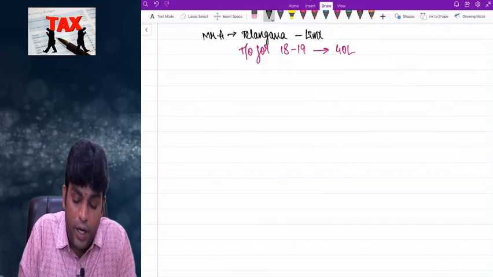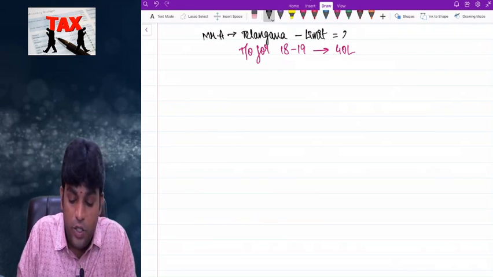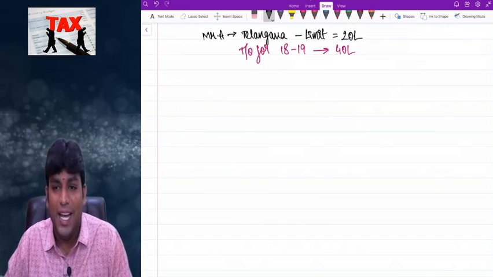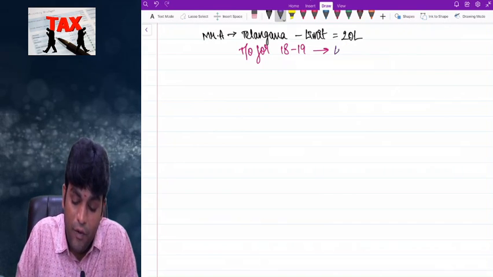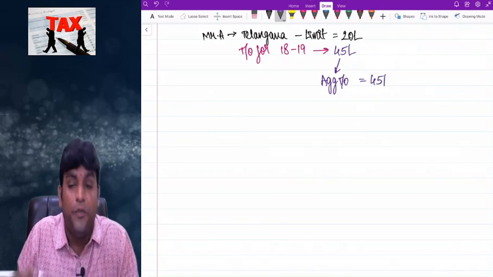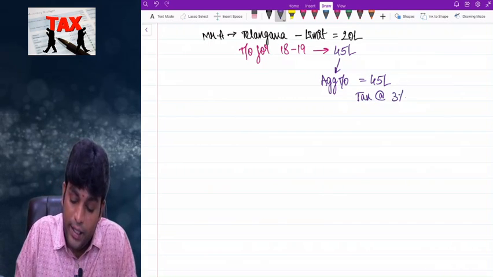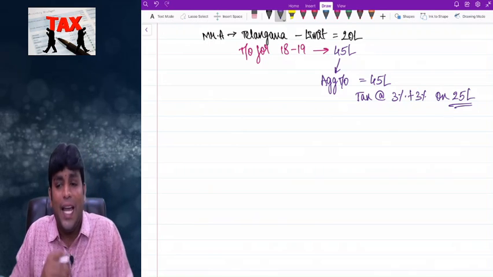And Telangana, I'm sure you know that the limit is 20 lakhs. Whether engaged in goods or engaged in service or engaged in both, still the limit is 20 lakhs only. And what has happened is the turnover for 18-19 was actually 45 lakhs. Now straight away, when you calculate aggregate turnover, we will say 45 lakhs. But when you start calculating tax at the rate of 3% plus 3%, we will do it only on 25 lakhs.